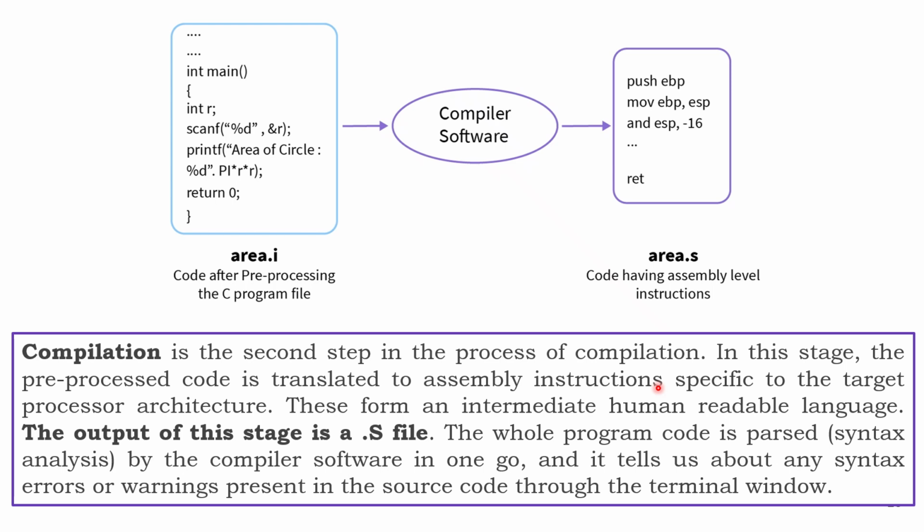Hence, depending on the underlying processor, the assembly language instructions will be created. This file created by the compiler will have .s as its extension.